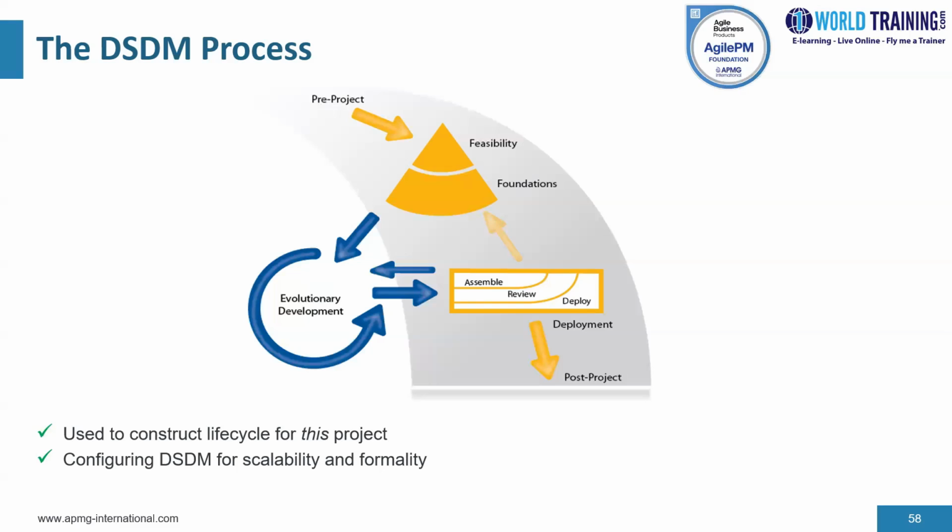Now, the next one in the process model is the evolutionary development phase. Building on the firm foundations that have been established for the project, the purpose of the evolutionary development phase is to evolve the solution.